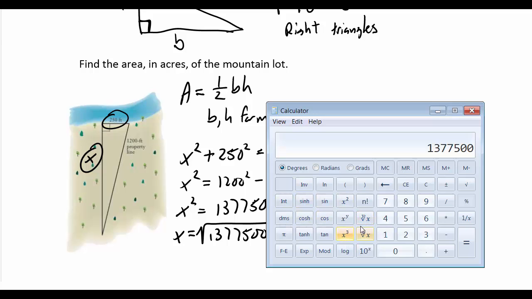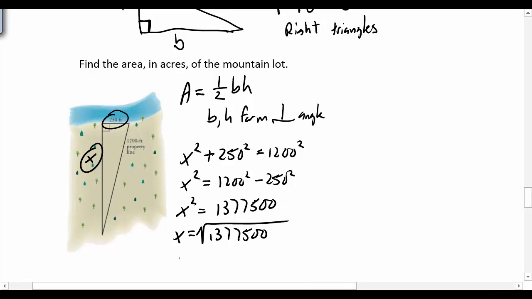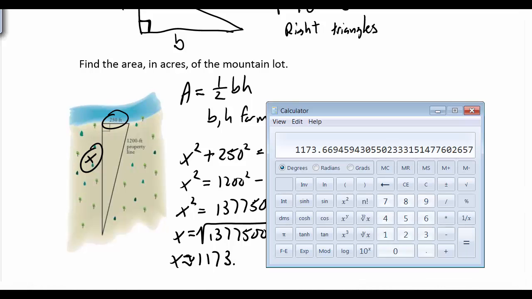Let's make sure I got a plain square root button. I guess this will work. Square root of that. Oops, wrong way. Okay, so hopefully you got 1173-ish, 1174.67.